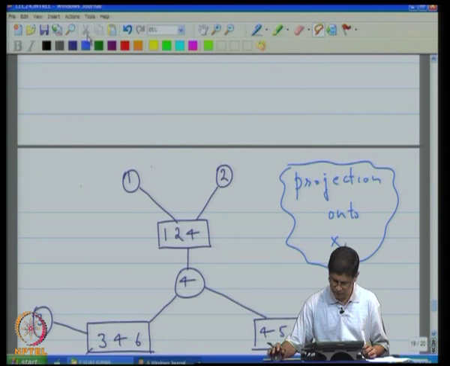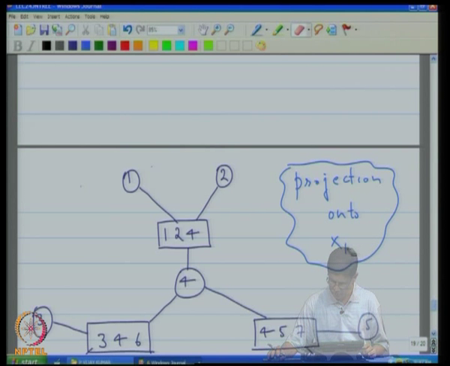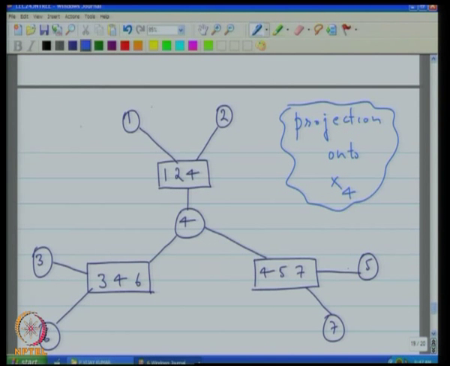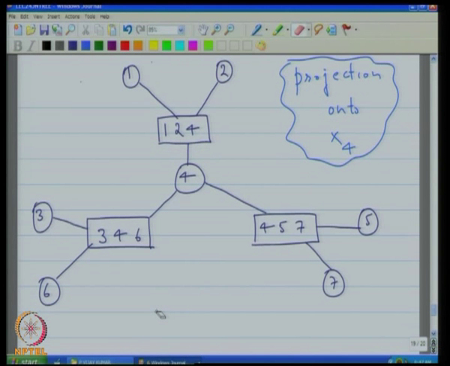Here let us say I am interested in the projection not onto x1, but rather onto x4. So, I do the same thing, I ignore all nodes in which x4 does not appear.